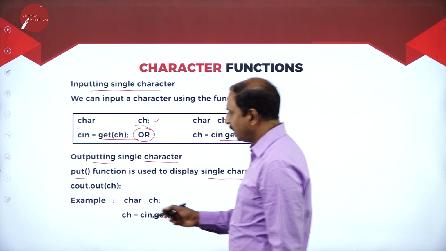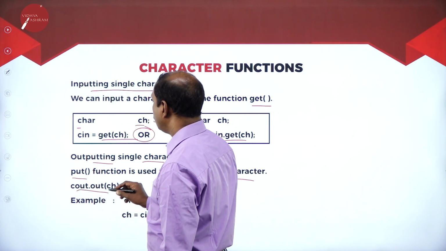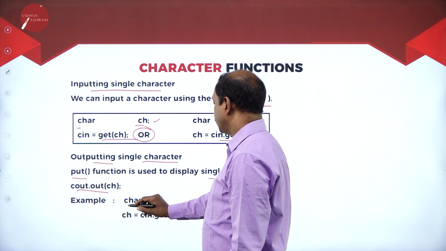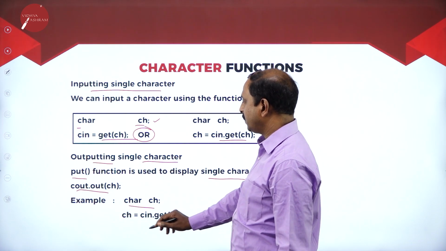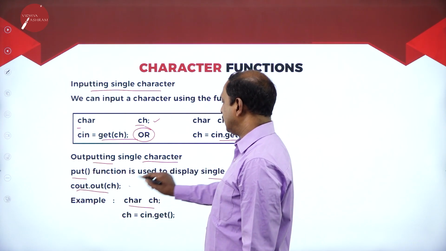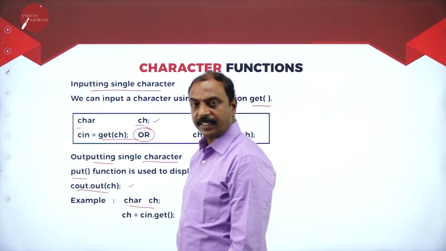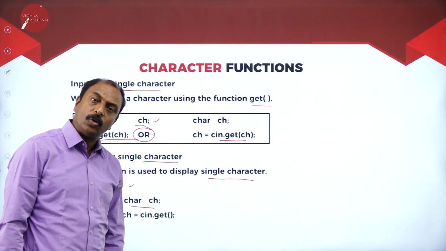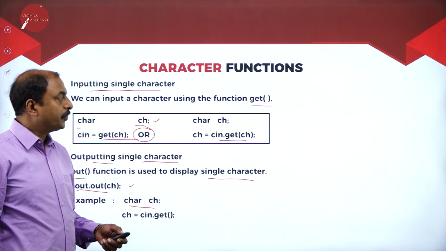The syntax is cout.put(ch), for example, after cin.get you say cout.put. So this is the syntax to output a single character through the monitor or through output devices. So one is the get function, one is the put function.